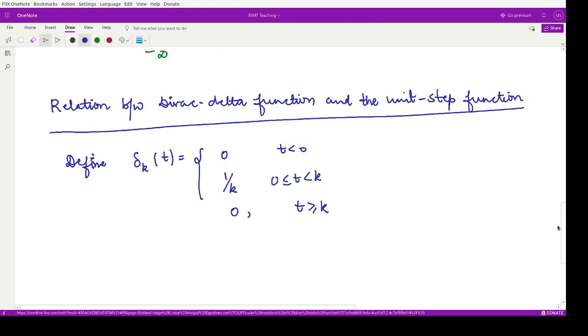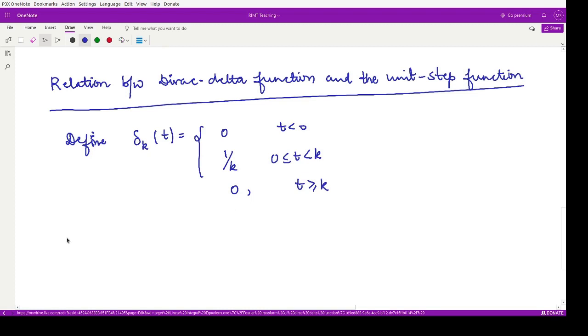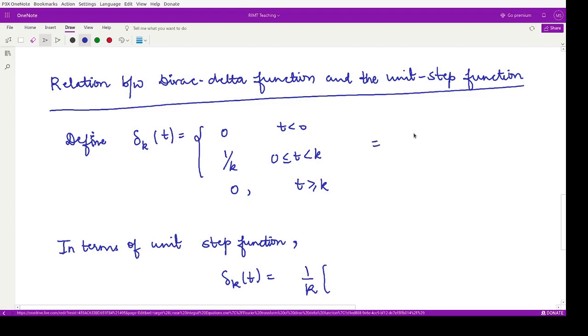Now you see, how can we define this function graphically or in terms of the unit step function? In terms of the unit step function, this delta k of t is defined by 1 by k times something. And what is this thing? It is 1 by k, defined like this: 0, 1 and 0, whenever t is less than 0, t greater than or equal to k, and t lying between 0 and k.